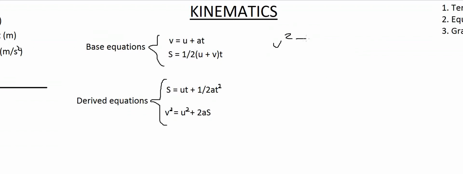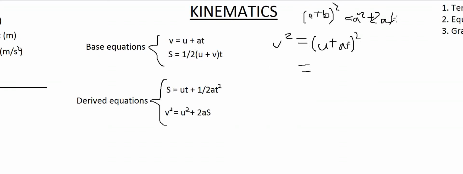So v squared equals (u plus at) squared. Expand the right side using the formula (a plus b) squared equals a squared plus 2ab plus b squared.